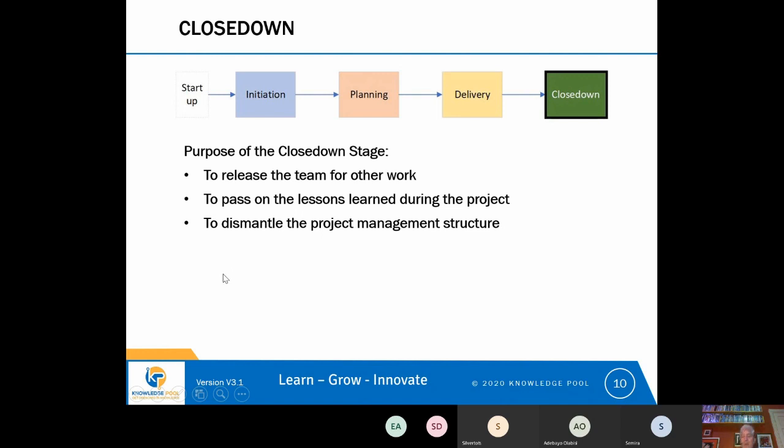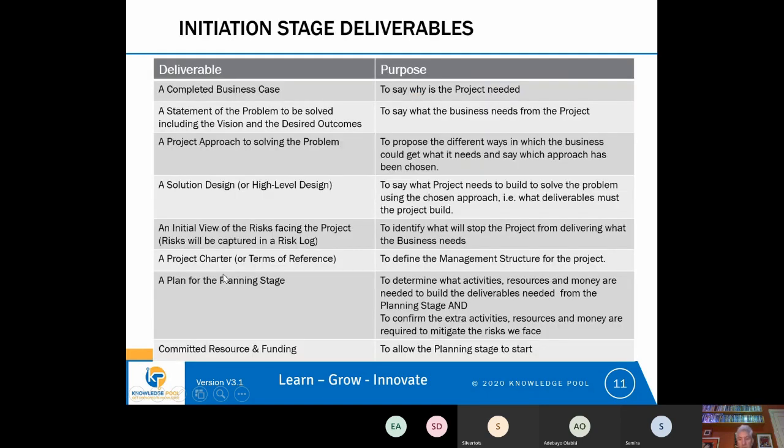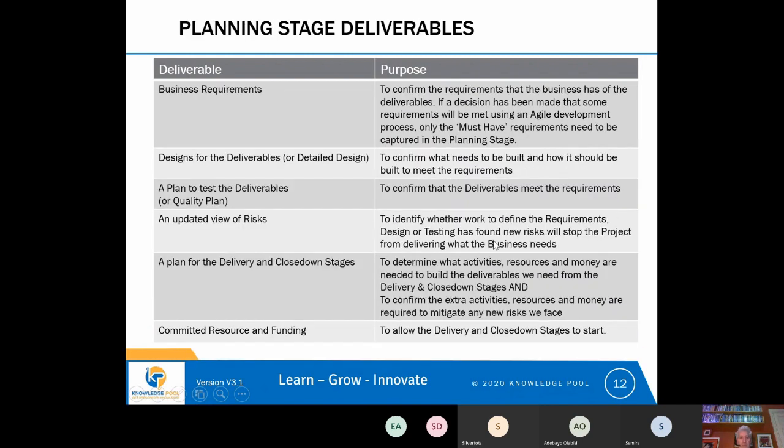So I'm not going to go into this slide now because we actually have 4 more slides when we look in some more detail at what are the deliverables within each initiation stage. So I'll just flick through these things briefly so you can see what there is.